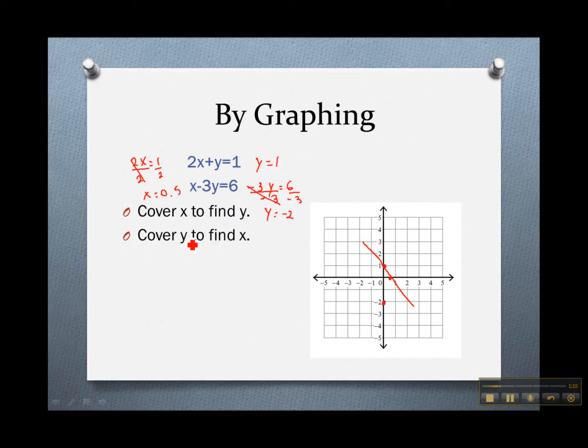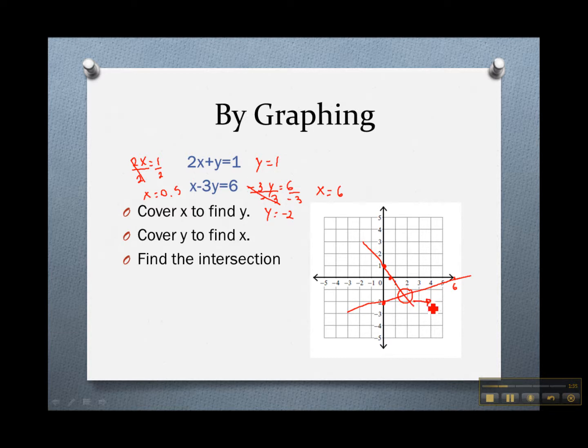And I'm going to cover the y to find x on the second one. If I cover the y, none of this is here, and I get that x is 6. And x equals 6 about right here. I'm going to make it there. And then I'm going to go ahead and connect these 2 points for the second line.